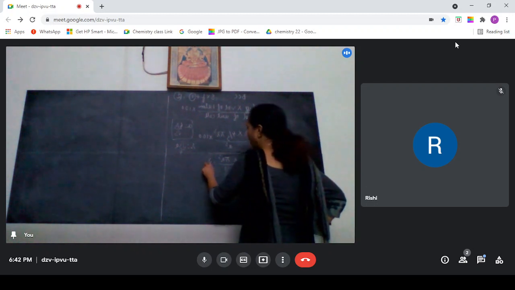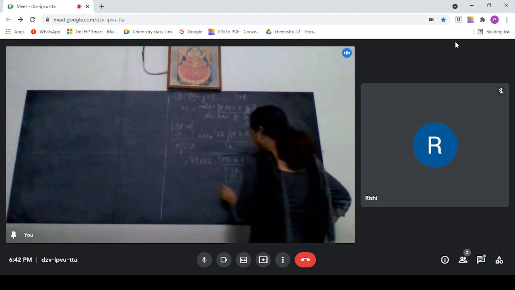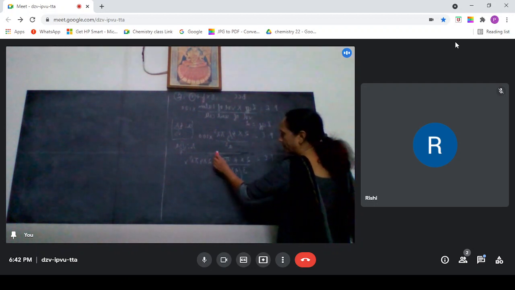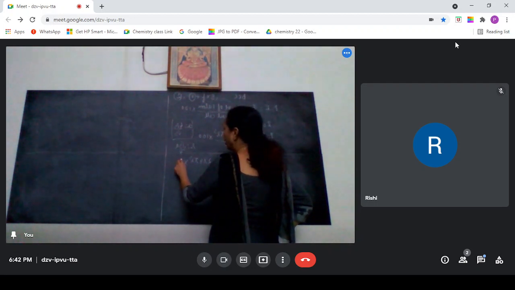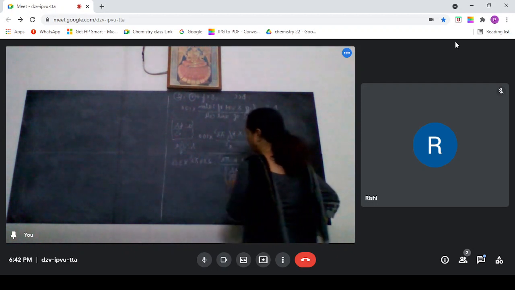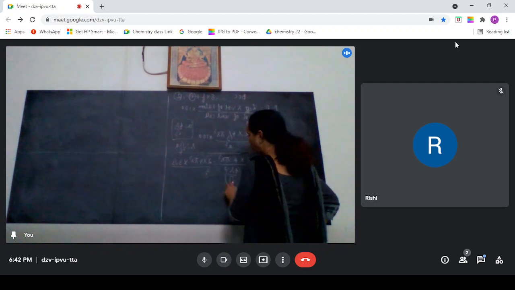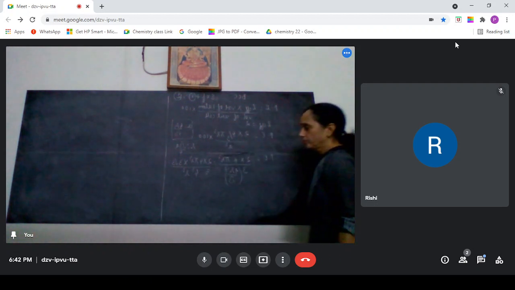So this will be 2 into 4 pi R cube, the root 3 cube will go up, so root 3 into root 3 into root 3, 3 root 3, by 3 into 4 cube R cube.